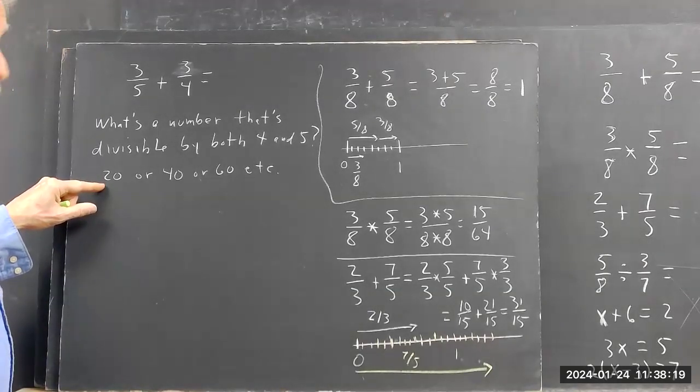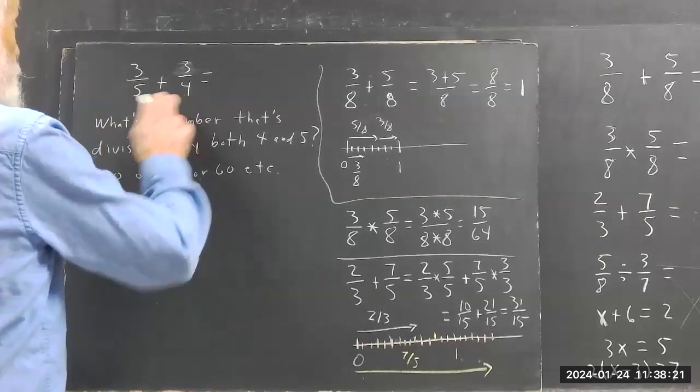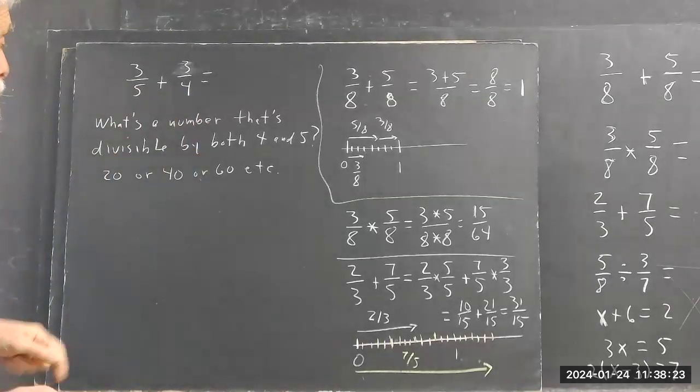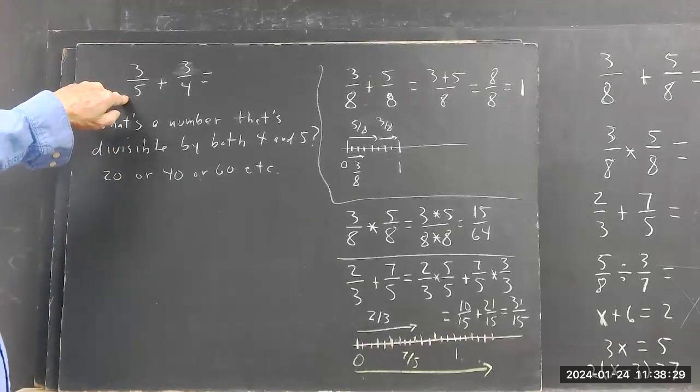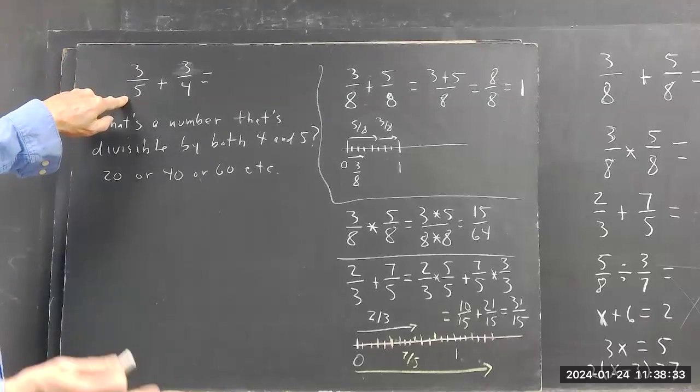And 5 times 4 is 20, and it turns out that's the smallest number that's divisible by both 4 and 5. So now we want to make these into fractions that have denominator 20. Now, 3/5 has a denominator of 5. What are you going to have to do with 5? In order to get denominator 20, you're going to have to multiply it by 4, right?